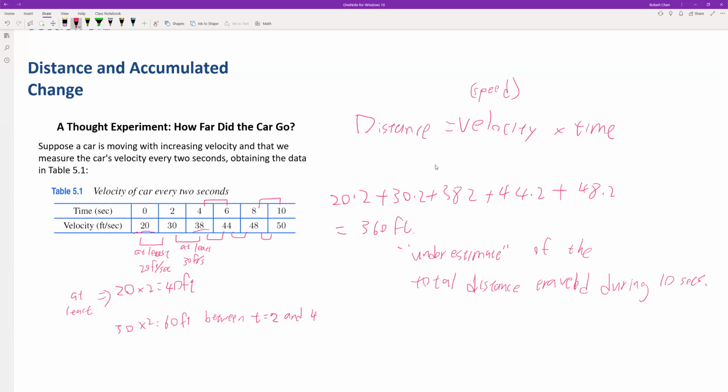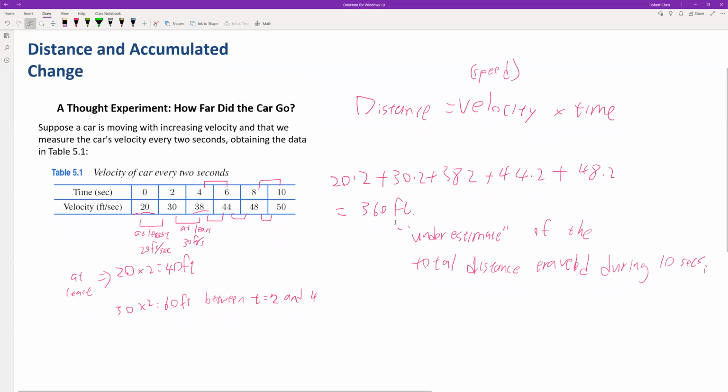Because we are using the lower speed: at least 20 feet per second in the first 2 seconds and 30 between 2 and 4, 38 between 4 and 6, 44 between 6 and 8, and 48 between 8 and 10. So we're using the minimum speed to estimate the distance. That's why this is an underestimate of the total distance traveled during the 10 seconds. Now, the actual distance traveled is a little greater than 360, but exactly what it is, we are not sure.